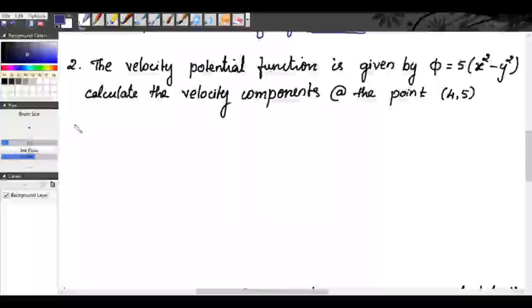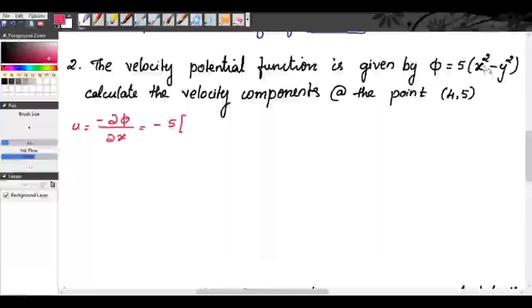Okay. It is given the velocity component u will be equal to, we know u is minus ∂φ/∂x. So with respect to x, we get minus 5 into 2x.